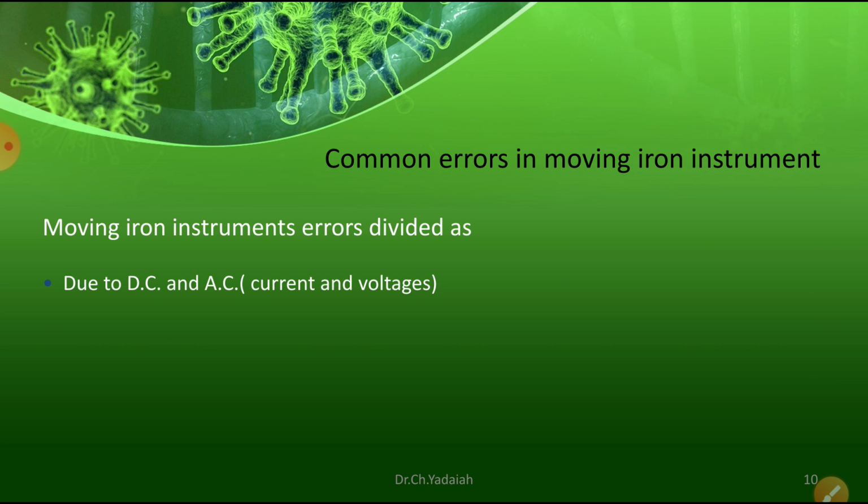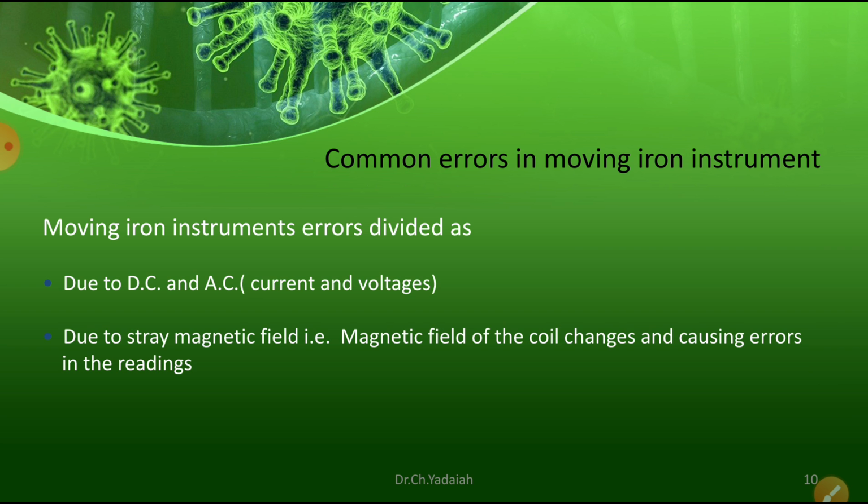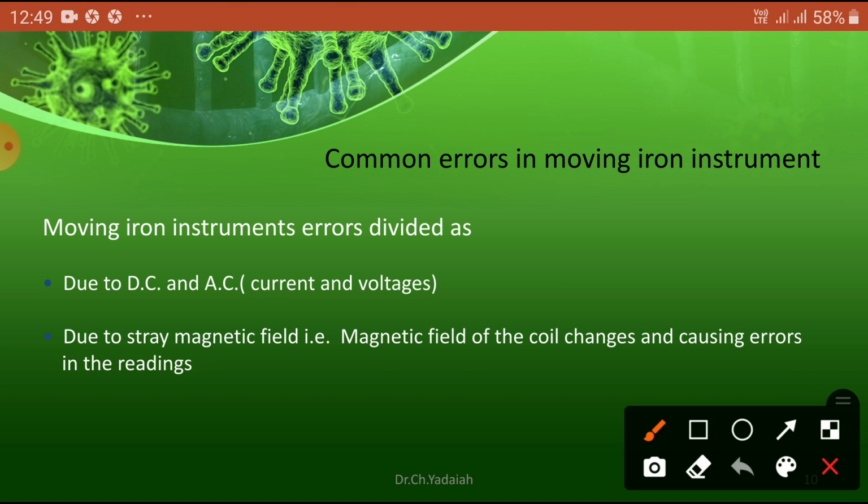Due to the stray outside magnetic field, the magnetic field of the coil changes and causes errors in the readings, because we know the moving iron instrument. What is a moving iron instrument? We have seen the two types. It produces the magnetic field. There is a spindle through which there is an oval-shaped iron piece, and there is a strong magnetic field inside.